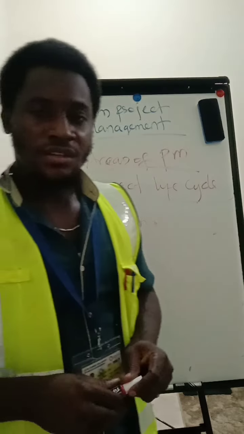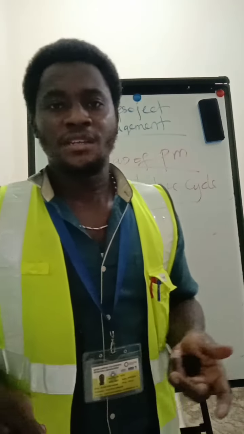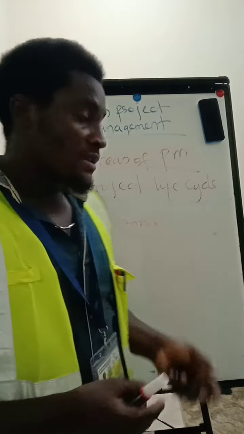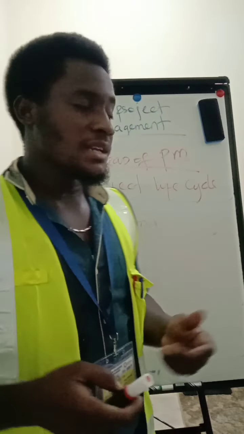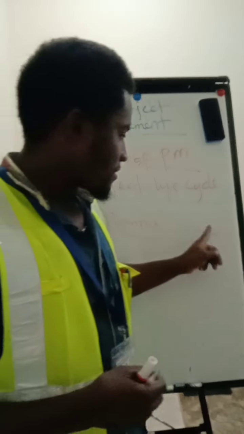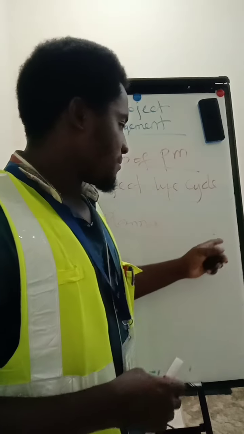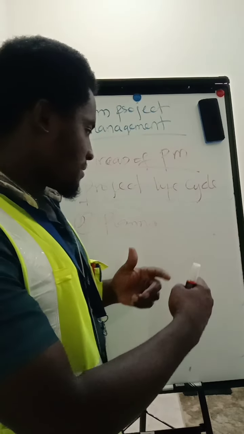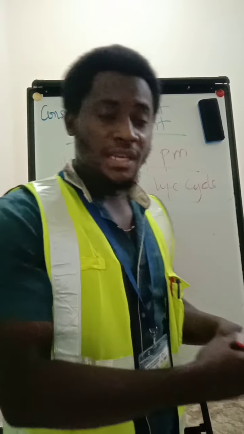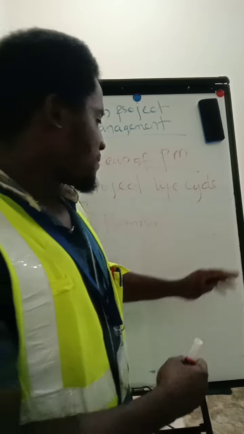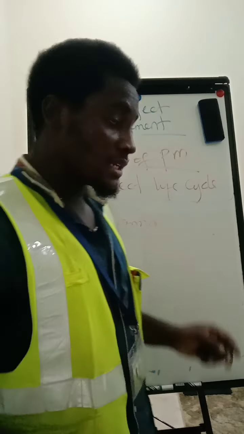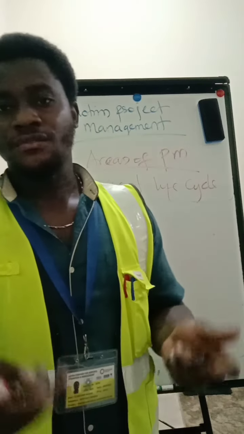The next is the risk assessment, which is very important. In the risk assessment, we identify the different risks that might occur during the execution phase of the project, and then put down precautionary measures, or different ways that we can use in order to mitigate these risks if they pop up.